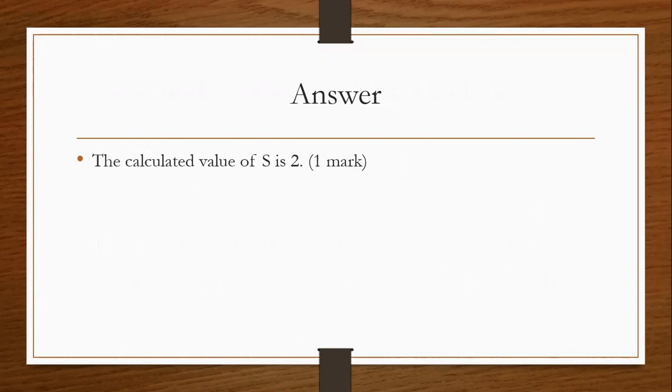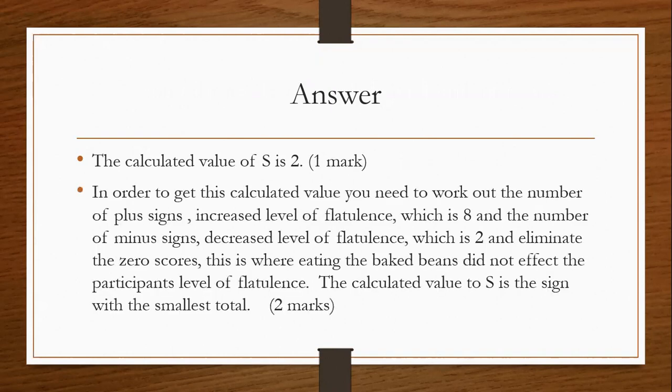The calculated value of S is 2. That's the first part of the question. So you'll get that 1 mark. Now you need to explain how you got there to get your other 2 marks. In order to get the calculated value, you need to work out the number of plus signs.